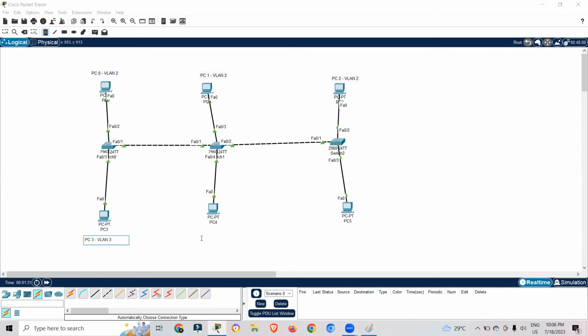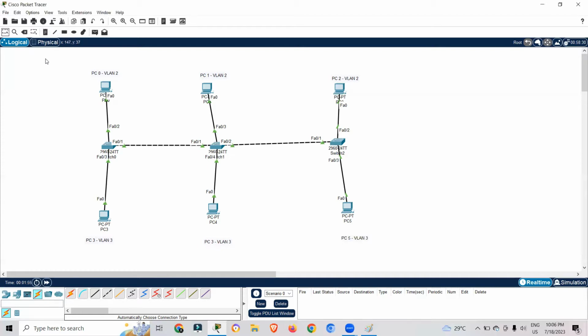We have a scenario like this, somewhat similar to yesterday's topic, right? This is PC4, and this PC is also a member of VLAN 3, and this PC5 is also a member of VLAN 3. Okay, everyone?